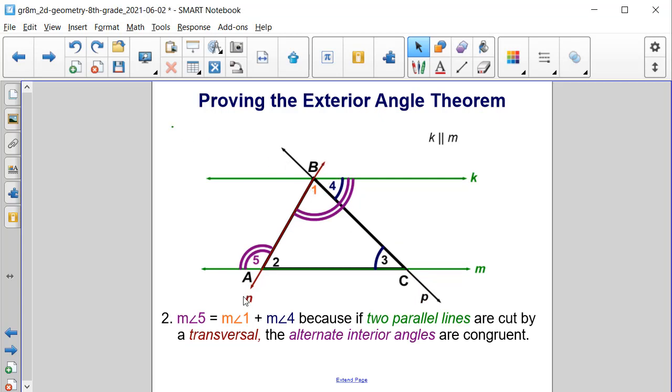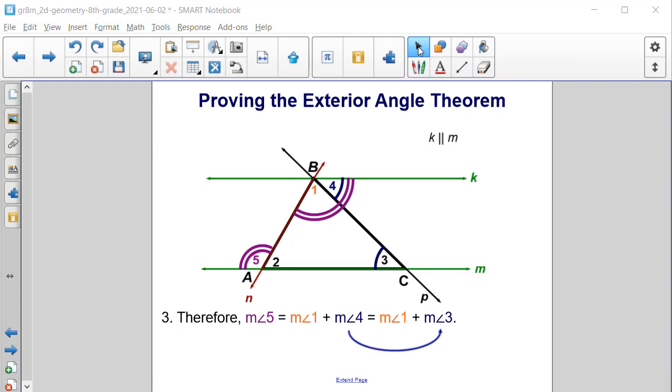Similarly, if we change our transversal to be line N, we can see that the measure of angle 5 is equal to the sum of angle 1 and angle 4 together, because angle 5 in combination with 1 and 4 together are alternate interior angles. So when you add up 1 and 4, they will equal the measure of angle 5. Therefore, the measure of angle 5 is equal to the measure of angle 1 plus the measure of angle 4.